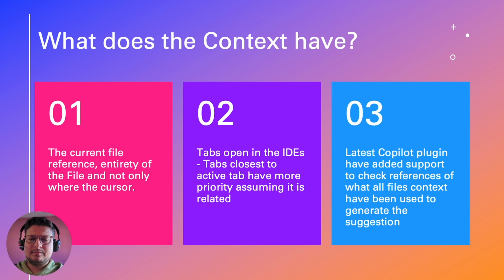It assumes these have high chances of providing the context of what you are trying to write. Third, with this new plugin, which I think was not there a few months back, as we will see in an upcoming slide, it gives you the references from which it has generated an output. That sometimes helps to understand that Copilot is not hallucinating and giving random outputs, but is actually figuring it out from a certain number of files that it has context on.